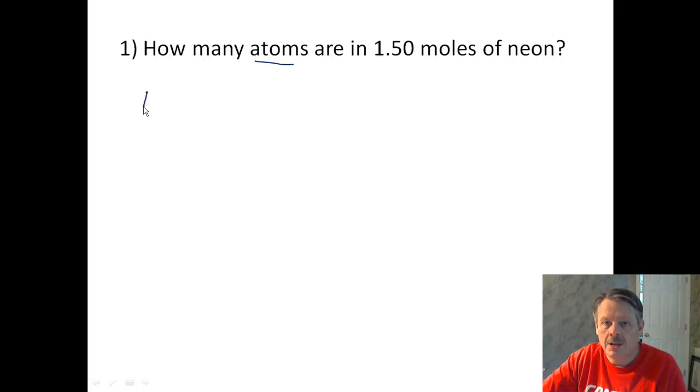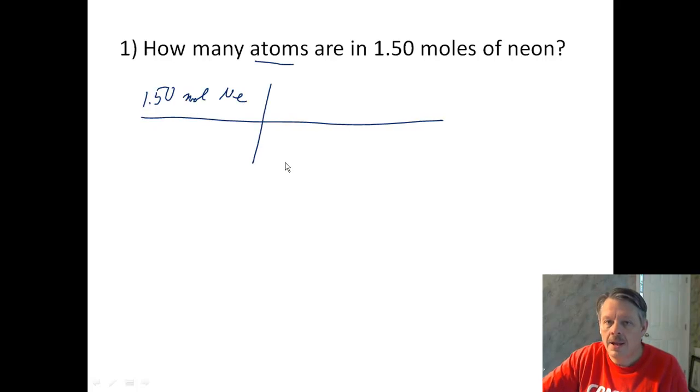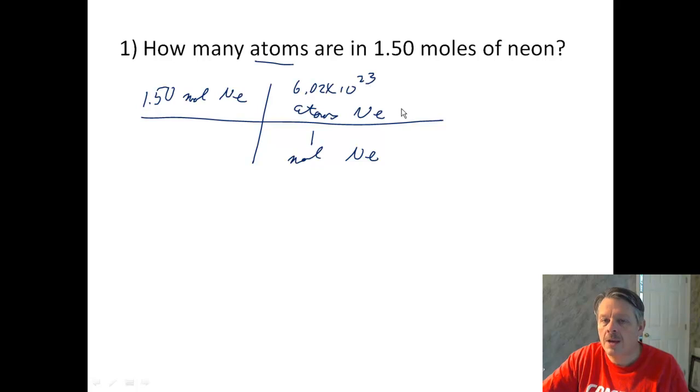So I take 1.50 moles of neon, and I have to get rid of moles of neon, and I have to go to atoms of neon, and for every mole there's 6.02 times 10 to the 23rd atoms of neon. When I multiply this out, I get 9.03 times 10 to the 23rd atoms of neon.